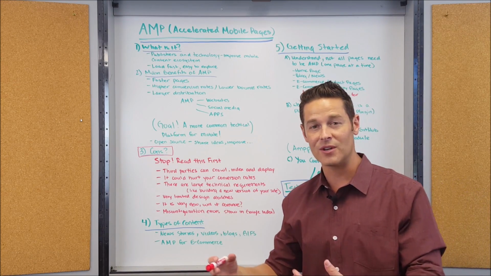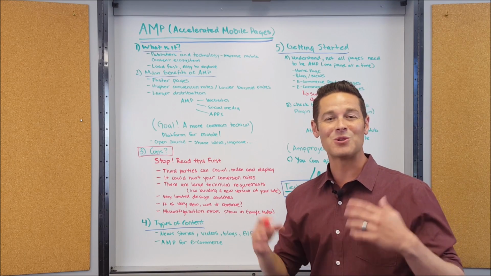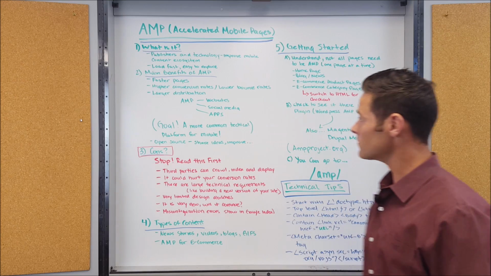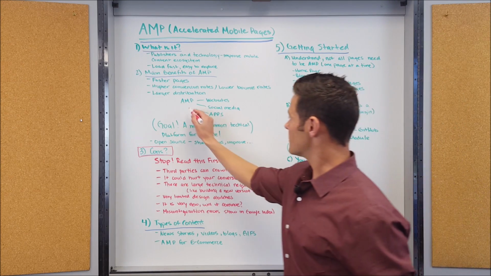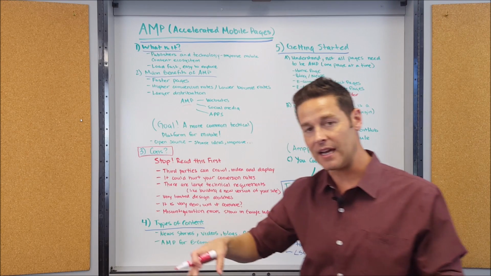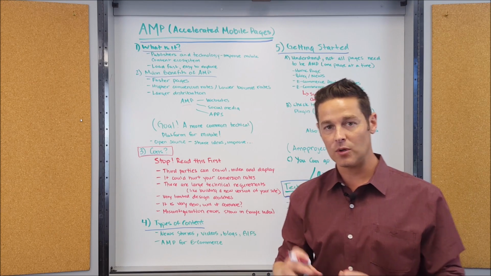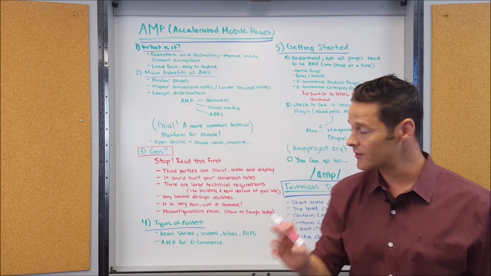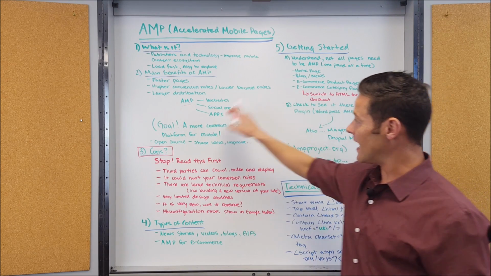If they load faster, you're probably going to have lower bounce rates and higher conversion rates, which are great user metrics. Also, it allows you to have a larger distribution. So if this is your AMP page right here, by putting it in AMP, that makes it in a format that's much more easily digestible by third parties, right? Third-party websites, social media sites, and applications.